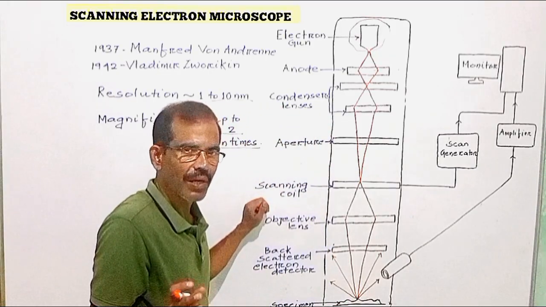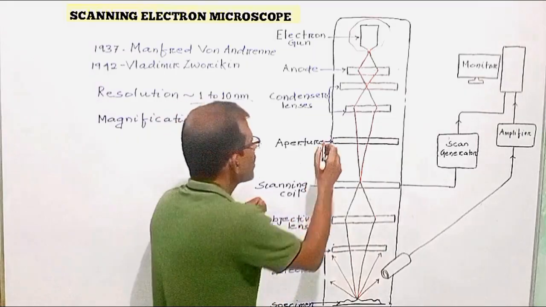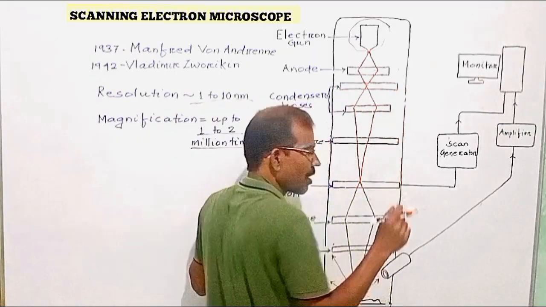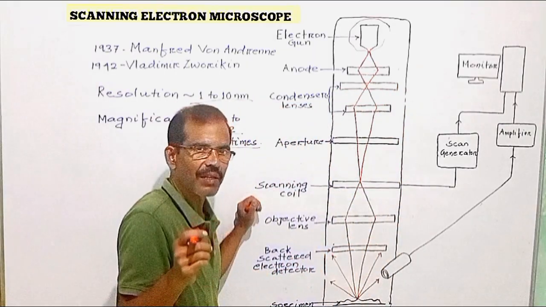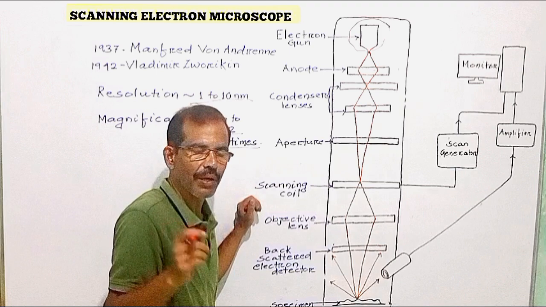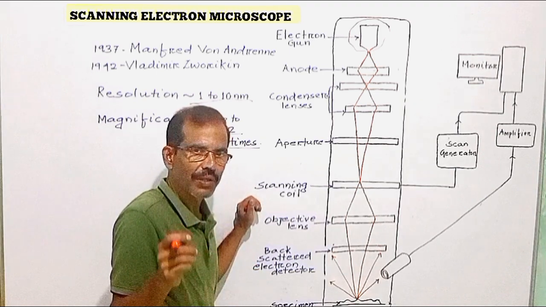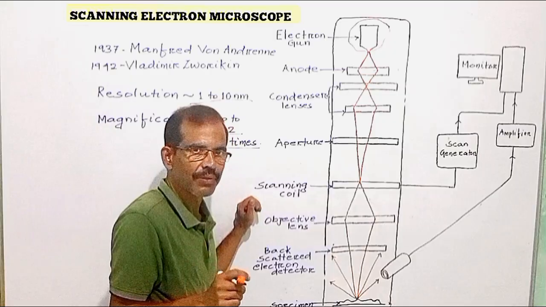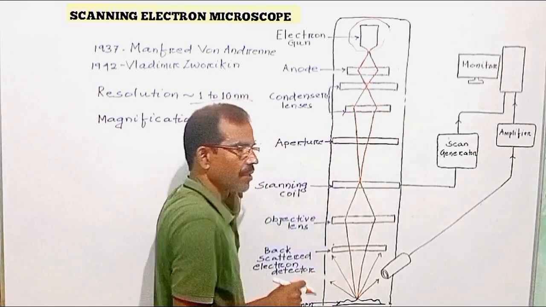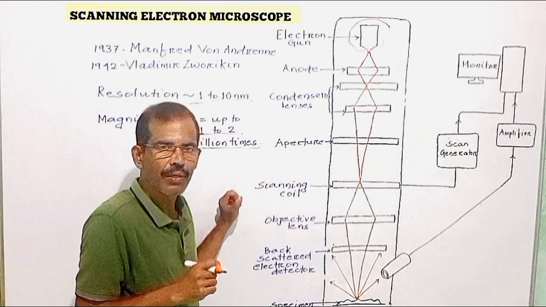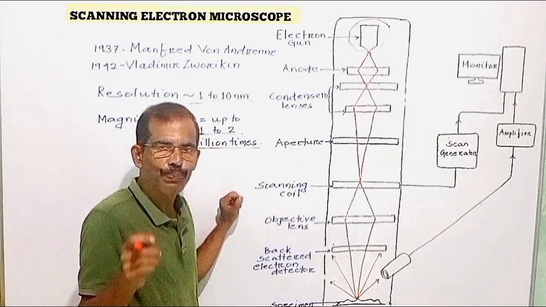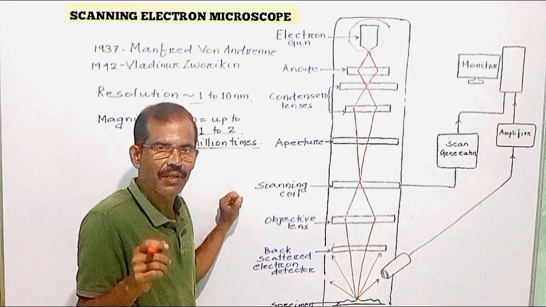Generally, there are two condensers. The first one is a strong lens which demagnifies the electron beam. It shrinks the large beam into a tiny intense spot. The second condenser, which is a weaker one, controls the beam spread and intensity.